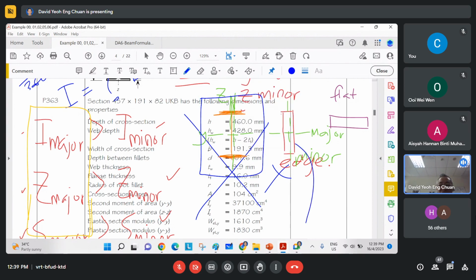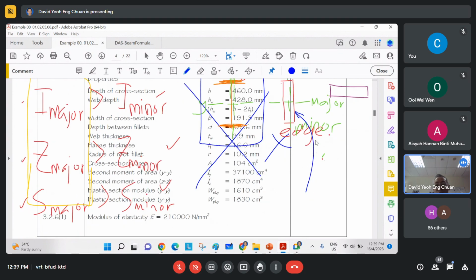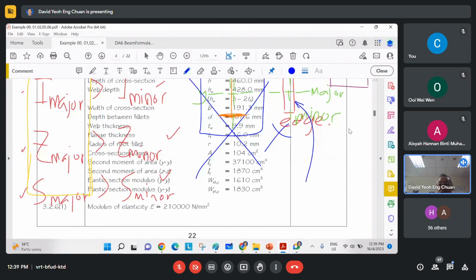Of course, for the I section, the formula is not so straightforward. You have to break it into 3 different areas. But if it is a rectangular section, the I, second moment of area, you can calculate as B D power 3 divided by 12. Okay, this is your I major.